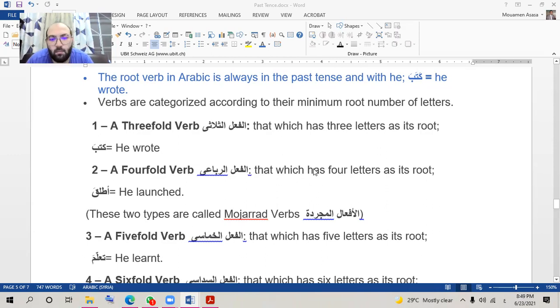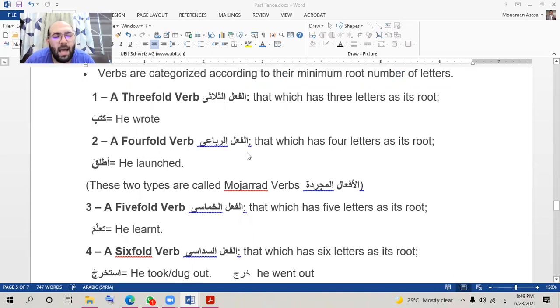That means when I say Khalid yal'abu bil-kura, that means Khalid plays with the ball. If I want to know the meaning of yal'abu, I need to give the past tense of it, la'iba. What is the meaning of la'iba? That means he played.